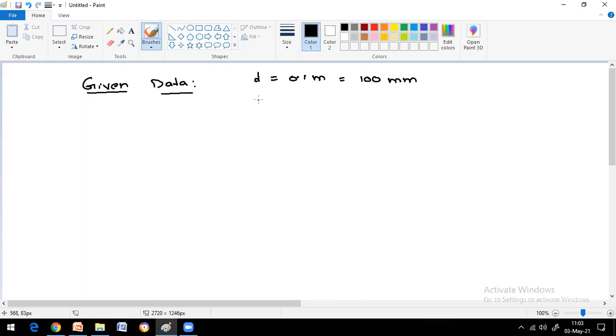Okay, and the radius will be equal to, what is R? R కూడా ఎంత ఇచ్చారు? Not radius of this diameter. Radius is also given as 0.1 meter, which is 100 mm.